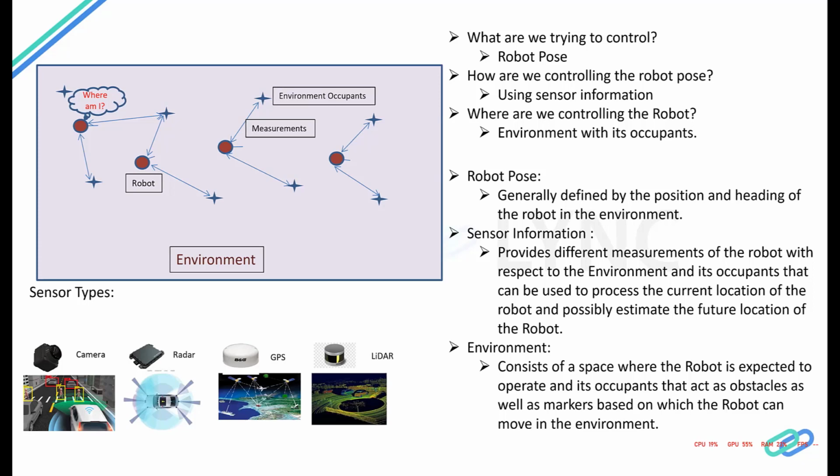Now coming to reading the environment. How can you read an environment? You need to have some way to perceive the environment, right? That's where the sensors come into play. You have different types of sensors today that can read the environment in different ways. A few examples given below are camera, radar, GPS, and LiDAR. Each of these sensors gives you a certain perception of the environment, which will help you localize and also map the environment around you.